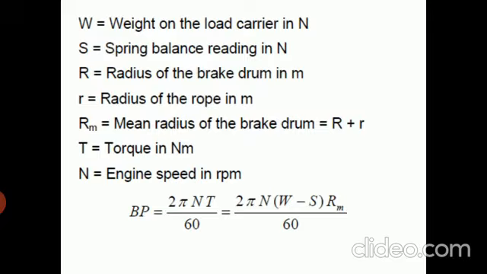Since the rope diameter is smaller compared to the drum diameter, it will not affect the result much, but you should add that value also. So the diameter of the drum and diameter of the rope give the perpendicular distance for a rope brake dynamometer.